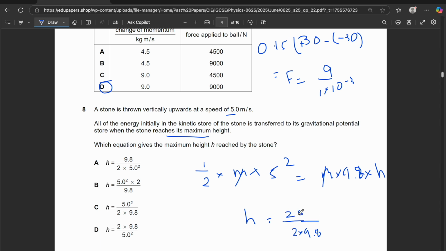This is 25. Okay, so they just leave it as 5.0 squared. So it is equivalent to C.